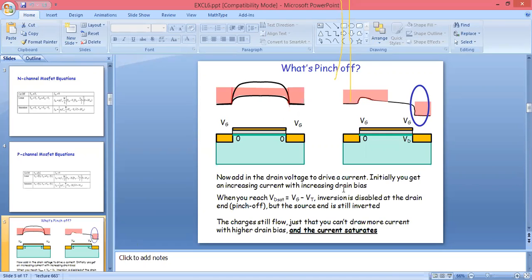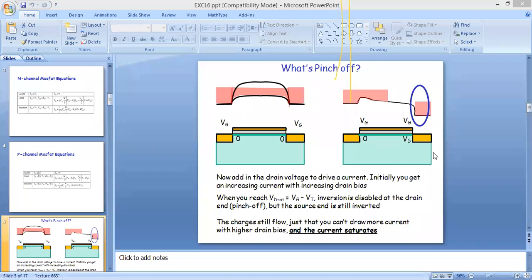So where are we getting the pinch off region? Where is the height of the channel becoming 0?